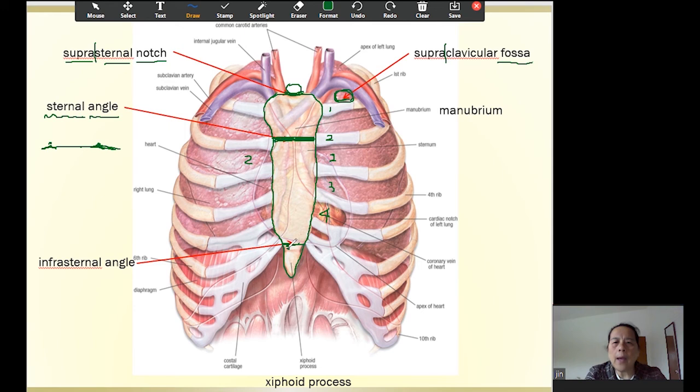And the lower one, 2 bones connected to each other, still form an angle, but a little bit smaller. So that's infra. Infra means low. We say super means upper, infra means low. Sternal angle, infrasternal angle. Clinically, for acupuncture, we still use it.